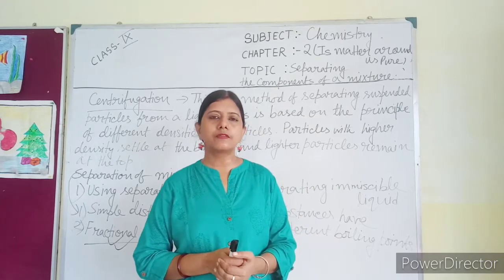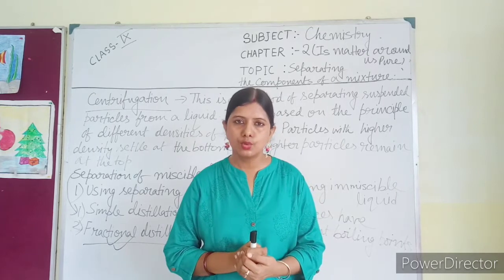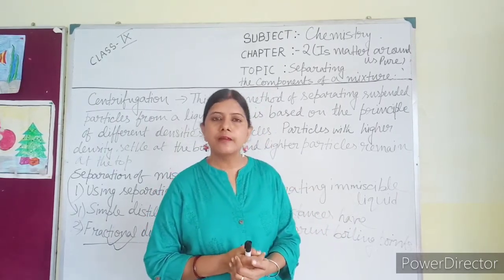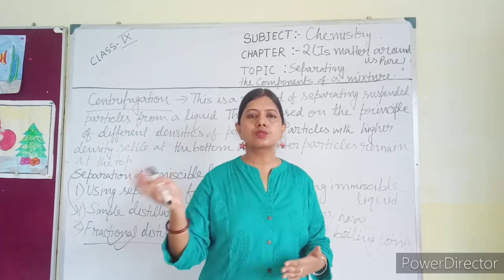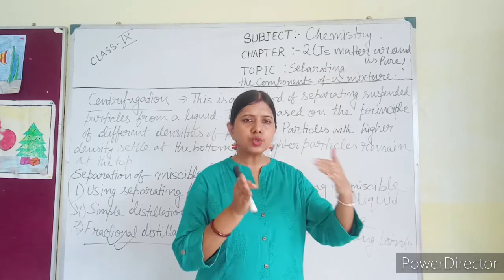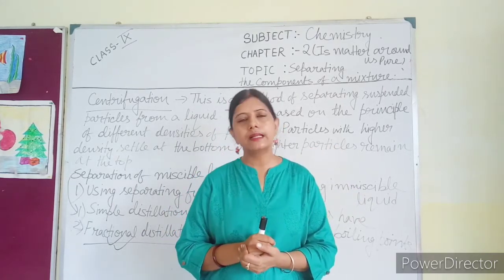In this method, a fractionating column or fractionating tower is used. What is the function of that fractionating column? It prevents the vapor from passing through the delivery tube quickly, so extra time is needed for the vapor to pass through this fractionating column.